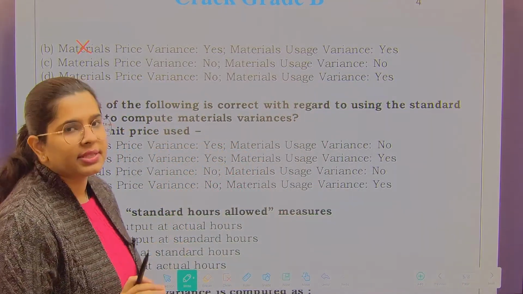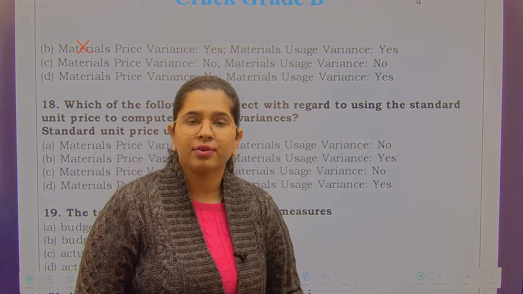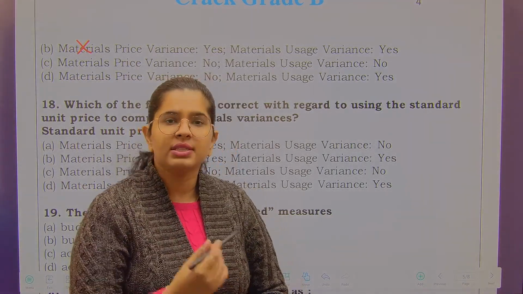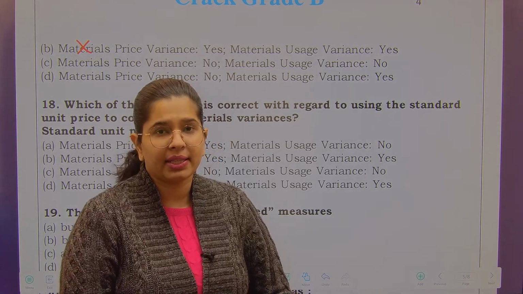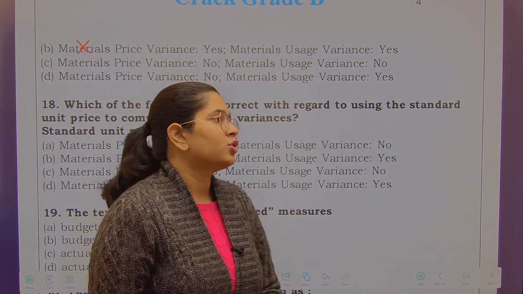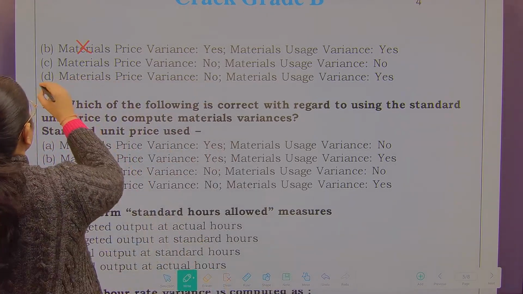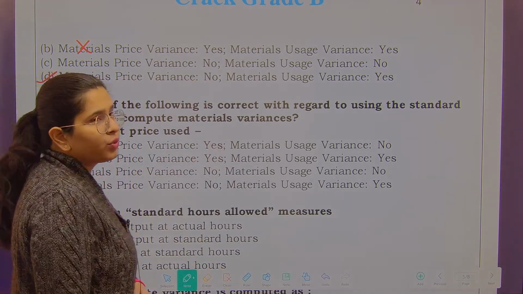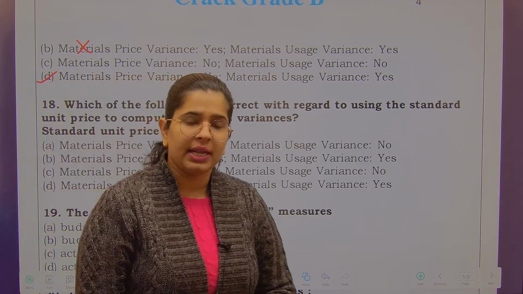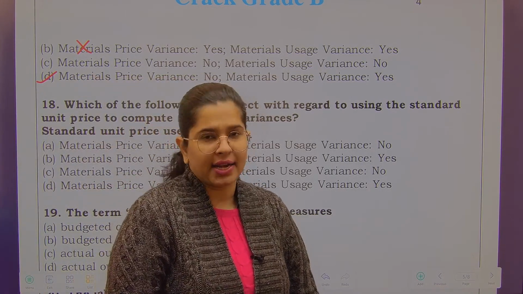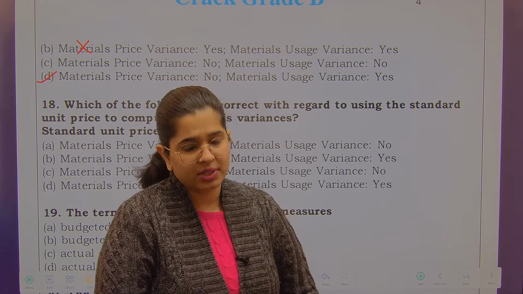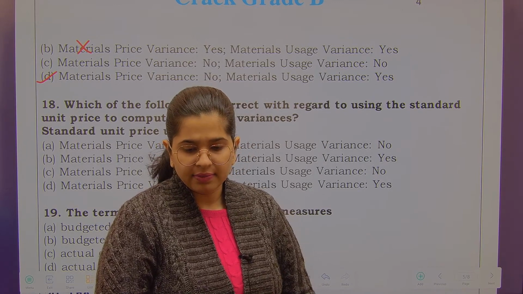We use standard quantity in material usage variance. Just now we compared the actual quantity with standard quantity multiplied by the standard price. So option D is correct because I do not use standard quantity in the material price variance formula, but I do use standard quantity in the material usage formula, right?